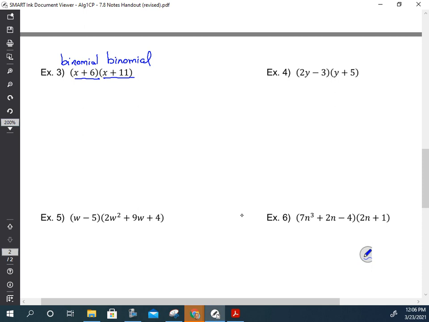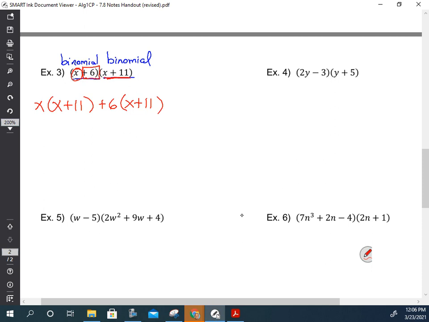So when you distribute, everything in the first parentheses goes to the second. That means you're going to take x and multiply it times x plus 11, and then take 6 and multiply it times x plus 11.